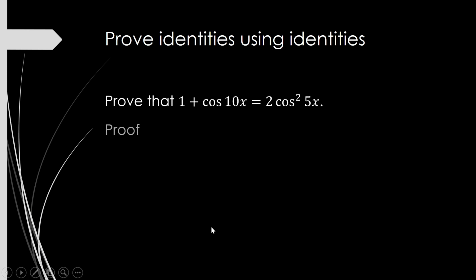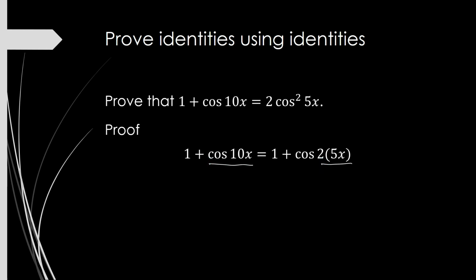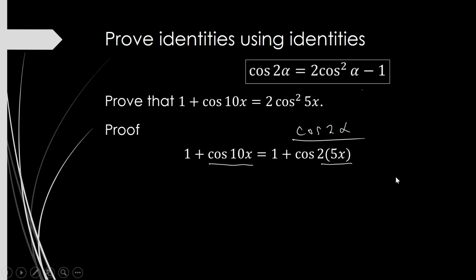So we will write this as cosine of 2 times 5 times x. You can now look at this as cosine of 2 alpha. And so we will apply our double angle identity for cosine of 2 times alpha.